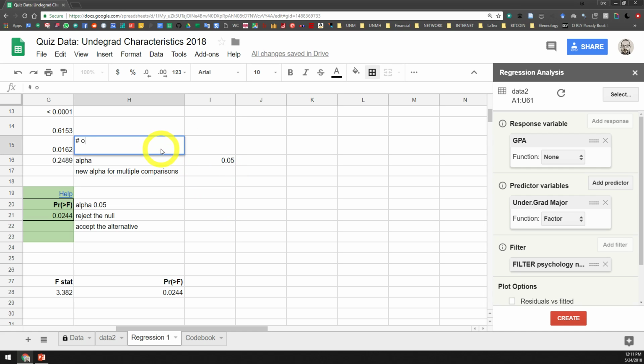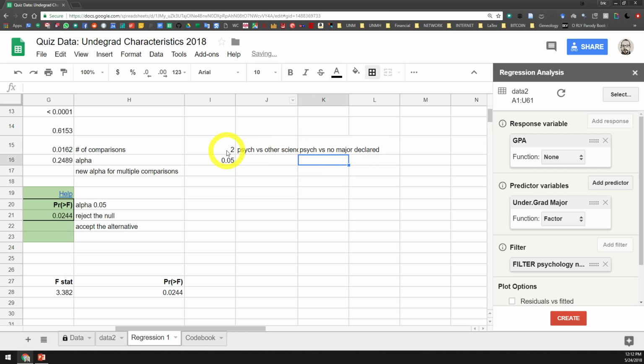let's do this. Number of comparisons we're performing is 2, because the two comparisons we're going to be looking at is psych versus other science, and psych versus no major declared. Those are the two other comparisons.